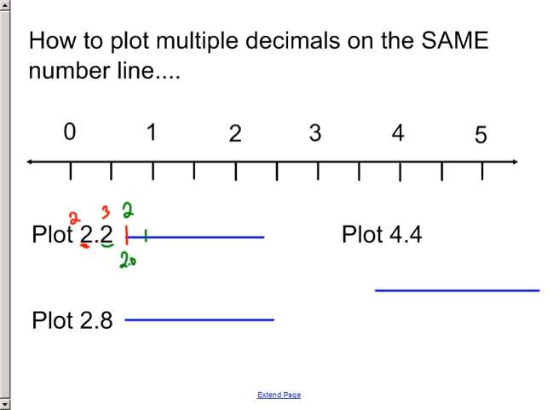So this one would be 2.1. This would be 2.2. I'm not going to label them all. 2.3, 2.4, 2.5. Now you know 2.5 is the same as 2.5. If we can stretch this on out, we know 3's down here and this is the halfway point. Seriously, take a look at this.